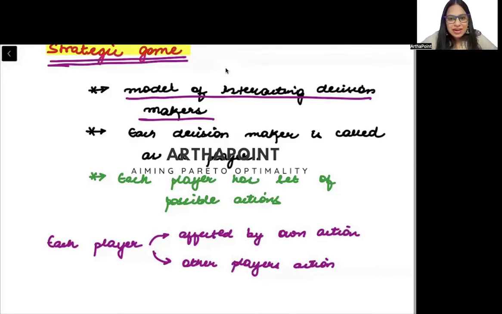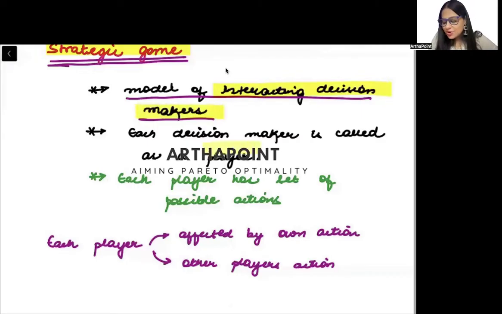So the parents are the decision makers. What they decide is their action. From their actions you will get a payoff. Okay? So there are interacting decision makers.